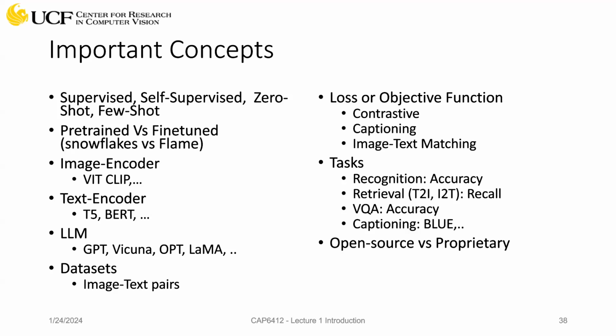So another important concept is open source versus proprietary, and that can be data, or it can also be the model, okay? As I mentioned, the data set CLIP was originally trained on is still not public, but there are some other public data sets. And the model is also not open; CLIP from OpenAI is not available.